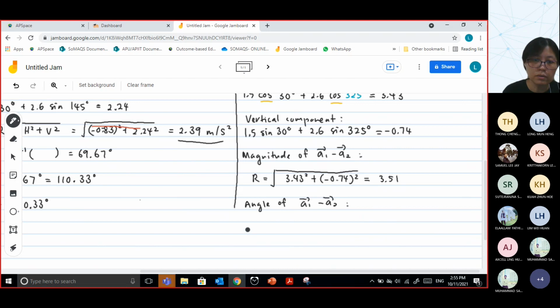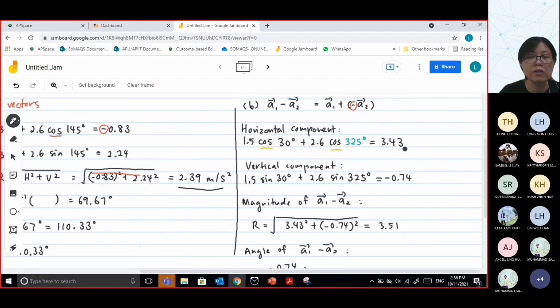As usual, we find the basic angle first, which is 0.74 divided by horizontal 3.43. Find the basic angle. 12.17, yes, correct. Then, which quadrant?